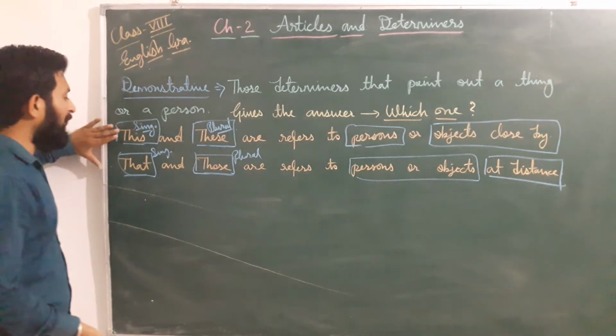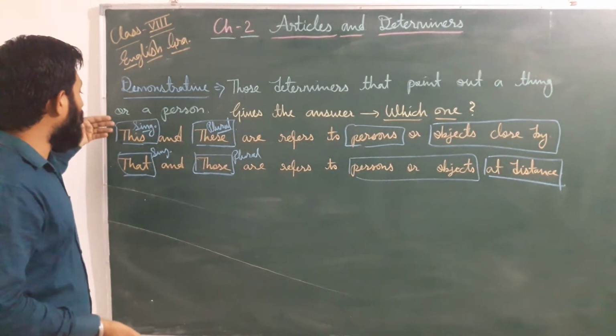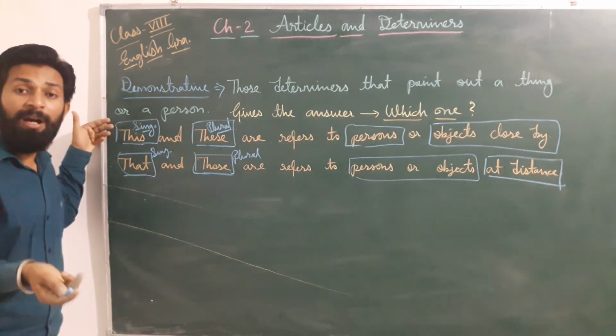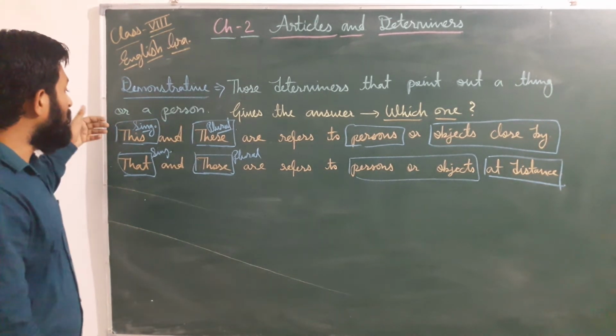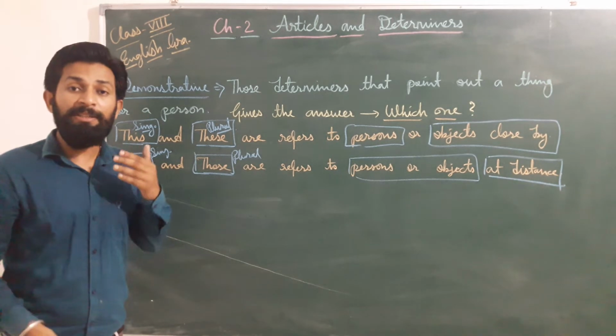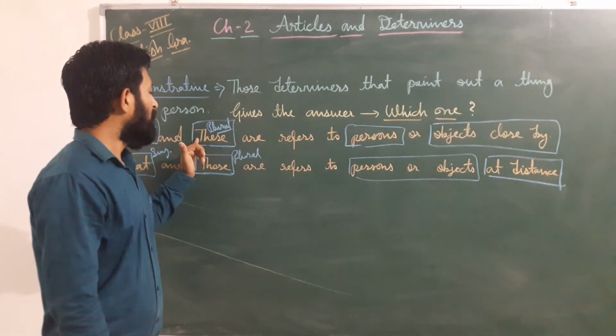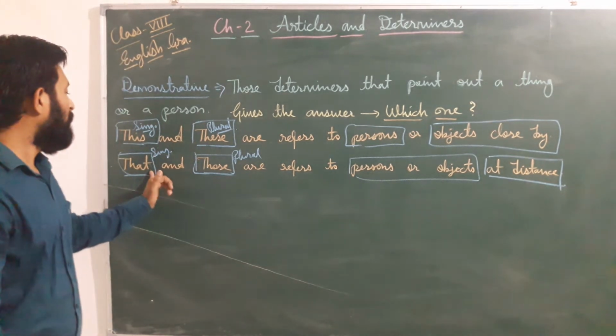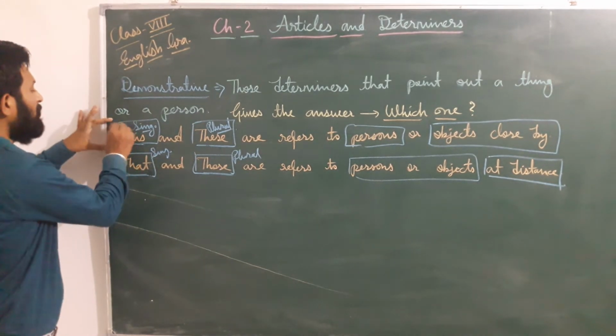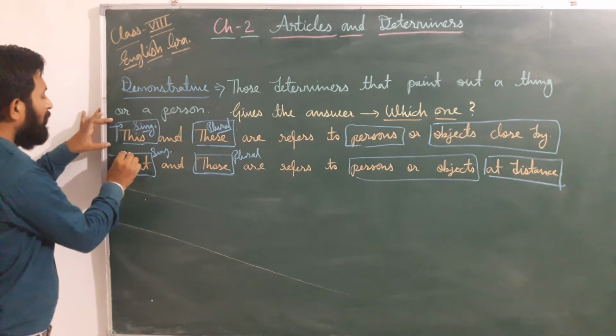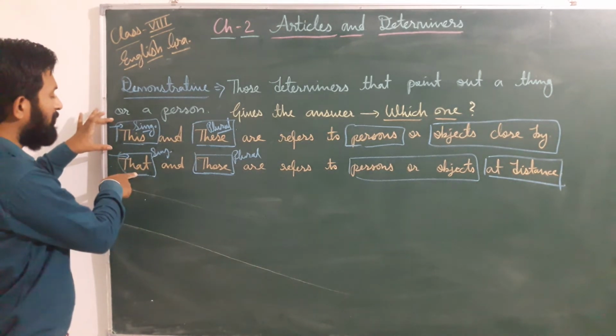This is used for a singular countable noun, and sometimes maybe uncountable also. If any person or object is nearby us, we use this group. If any object is far from us, we use that group.